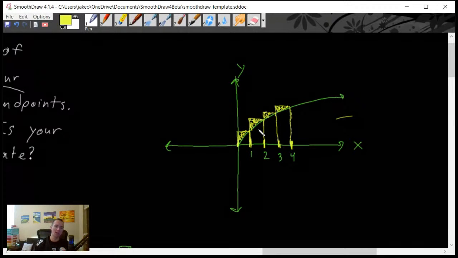None of this would be counted as the actual area under the curve. So these shaded in yellow sections would be contributing too much area to our estimate of the area under this curve. Therefore, we can see that this approximation we got using the 4 rectangles is going to be an overestimation because there's too much area counted in it.